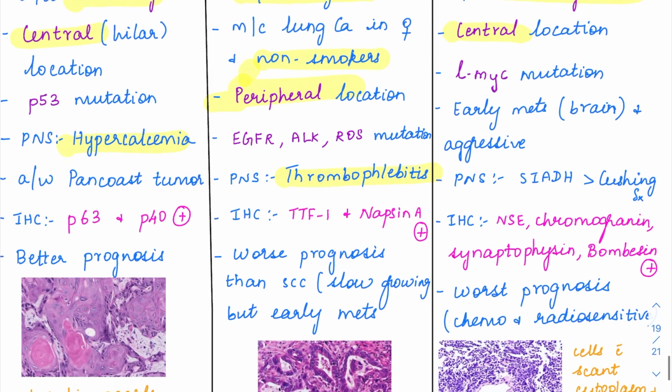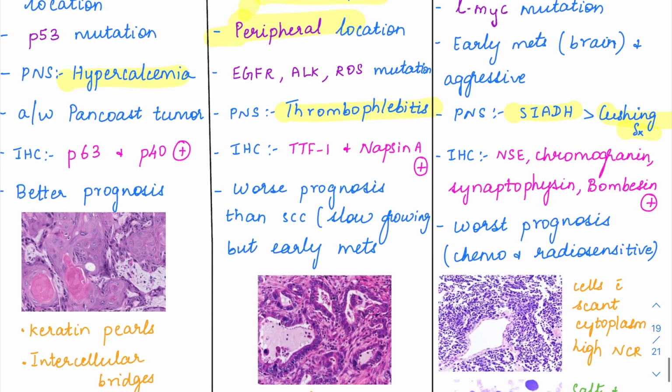Small cell carcinoma is the one associated most commonly with paraneoplastic syndromes: syndrome of inappropriate ADH secretion and Cushing's syndrome. Out of these, the chance of developing SIADH is much more in small cell lung carcinoma.